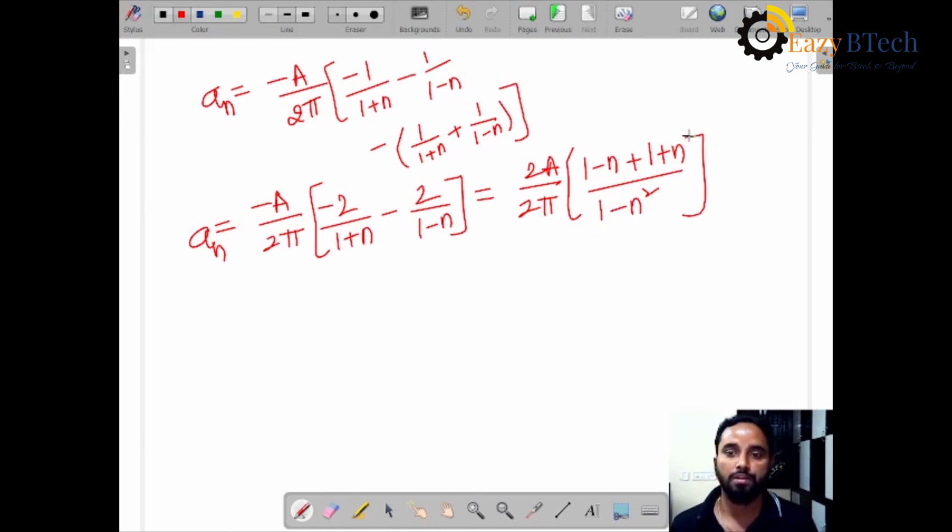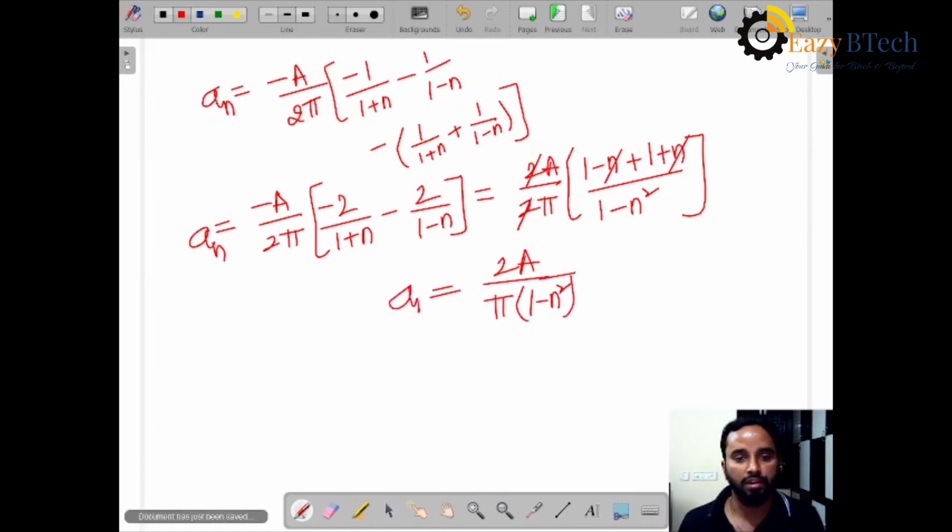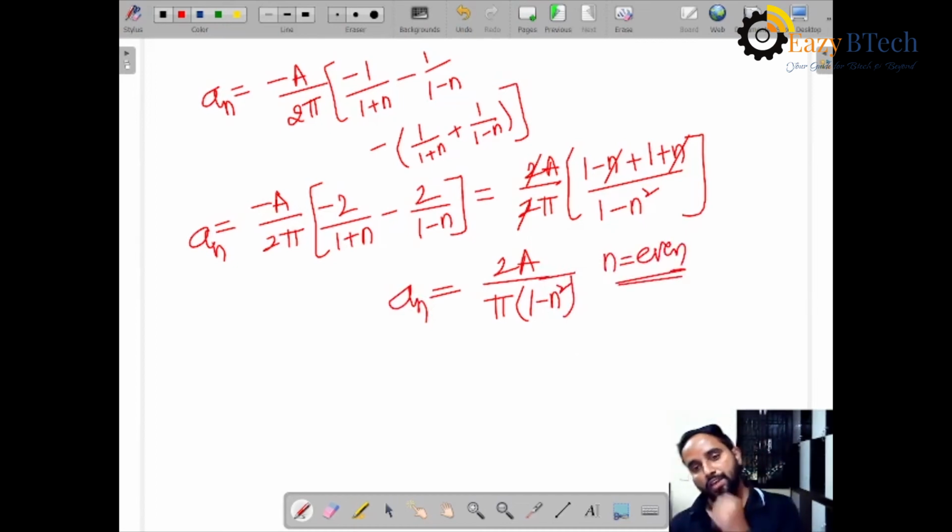So here plus n minus n cancel, and 2 get cancelled, 1 plus 1, 2a by pi into 1 minus n square. This is an when n is even. Right? Next, similarly, we go for bn.